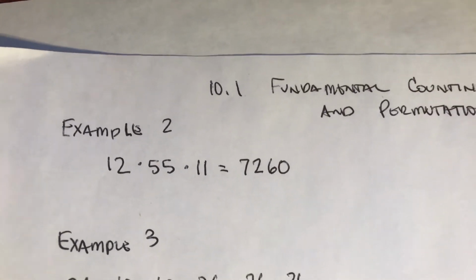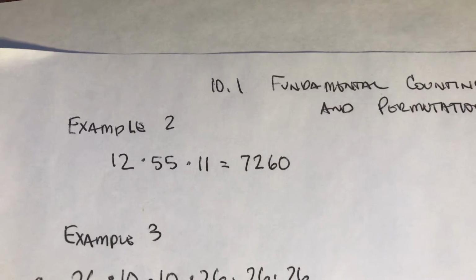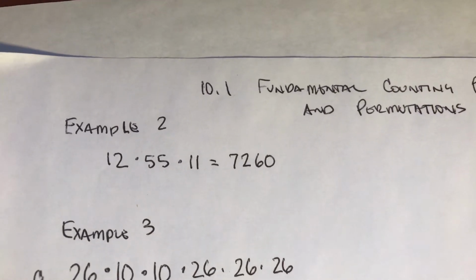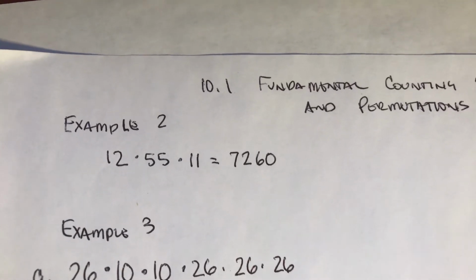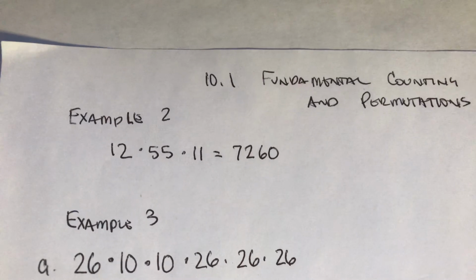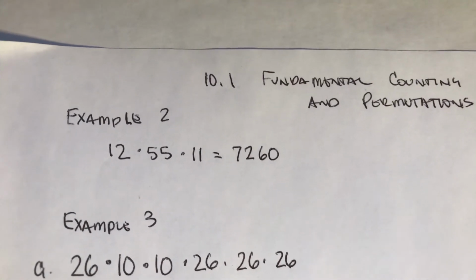In our problem, we are told that there is a picture that's being framed. There are 12 different styles of the frame, 55 different colors, and a blue mat which has 11 different shades of blue.